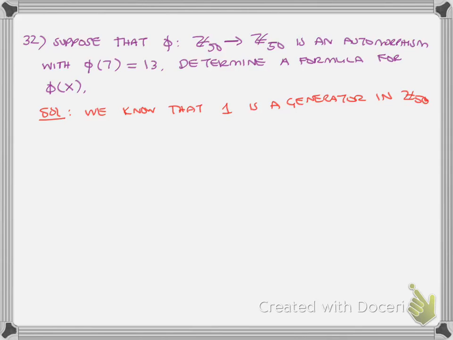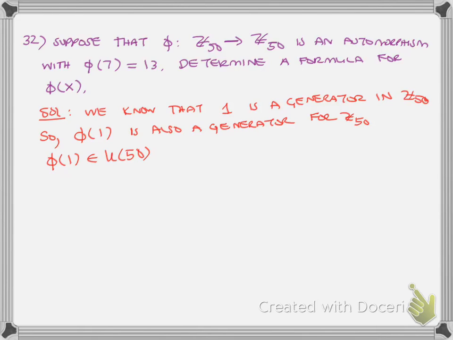And so because of properties, that tells us that phi of 1 is also a generator for Z50, okay? And in fact, phi of 1 belongs to U(50), and that's because all the generators in Zn are relatively prime, right? And so that would be the set U(50), right?